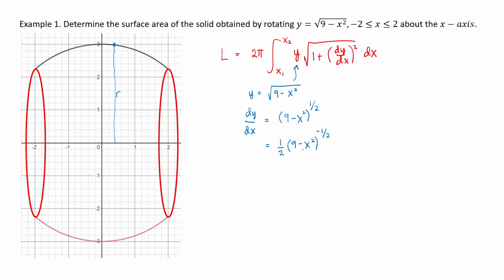Then the derivative inside, of 9 minus x squared, will give you negative 2x. Rearranging the formula, we cancel out the 2s. What's left is negative x all over the square root of 9 minus x squared. So this will be our dy over dx.